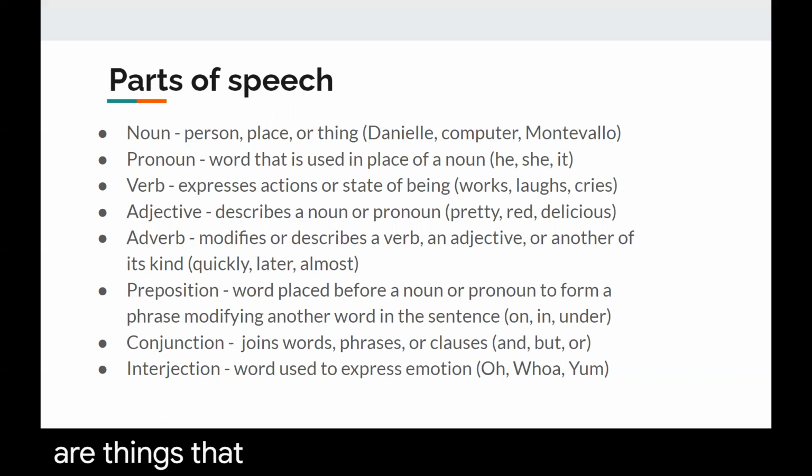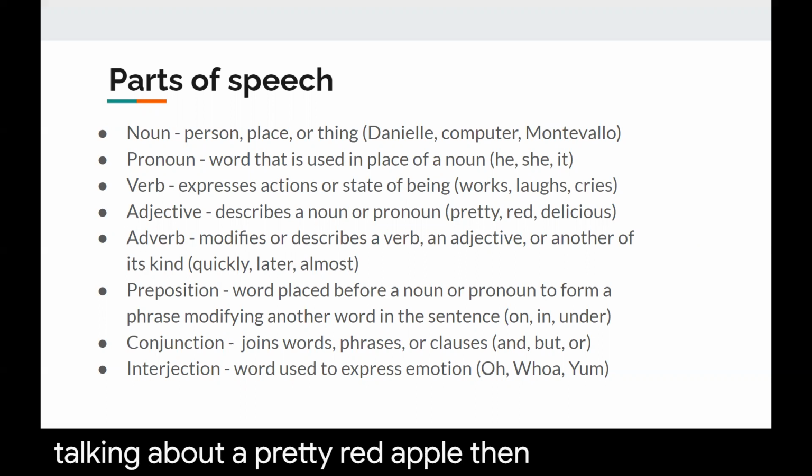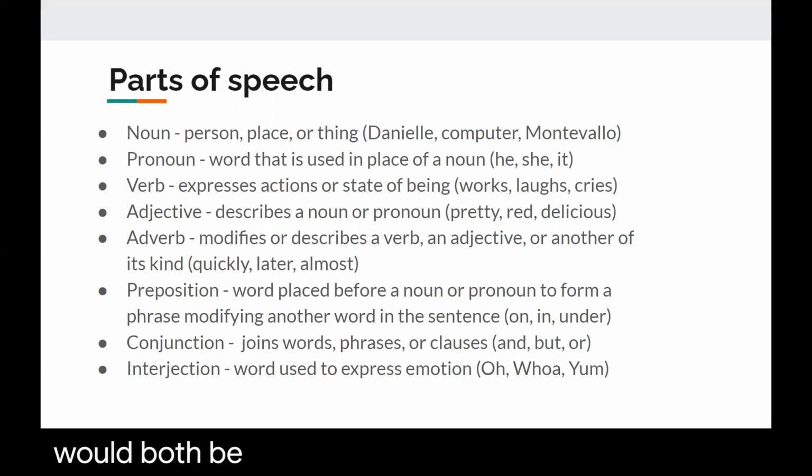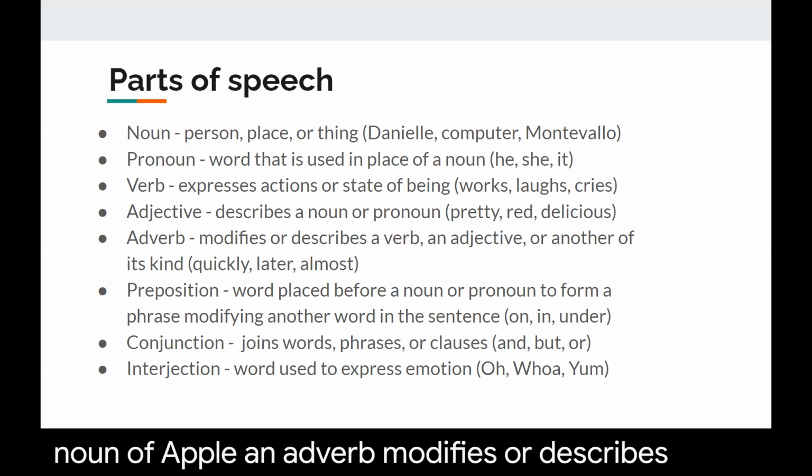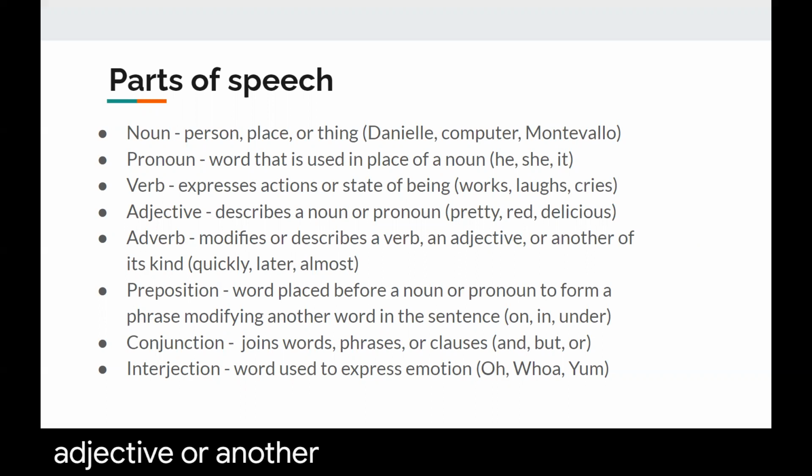Adjectives are things that describe a noun or pronoun. So if I was talking about a pretty red apple, then pretty and red would both be adjectives that are describing the noun of apple. An adverb modifies or describes a verb, adjective, or another adverb.